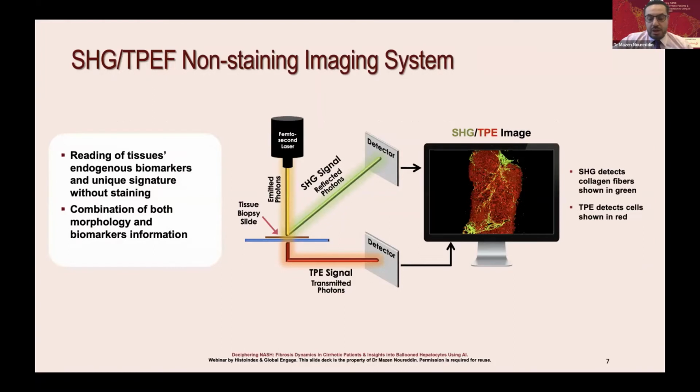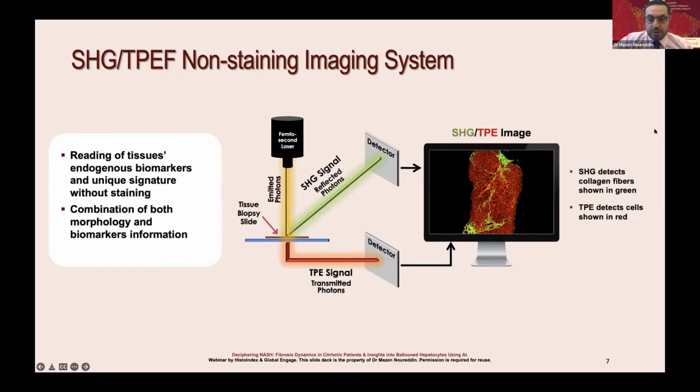But a little bit quick on the technology of second harmonic generation, and now it became very well known and widespread. It is a reading of tissue's endogenous biomarkers and unique signature without staining. So that's important, that you don't have a staining in this, and it can give you so much details. And it does look at combination of both morphology and biomarker information.